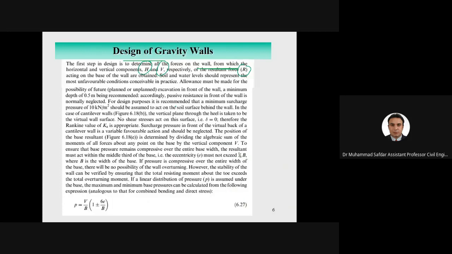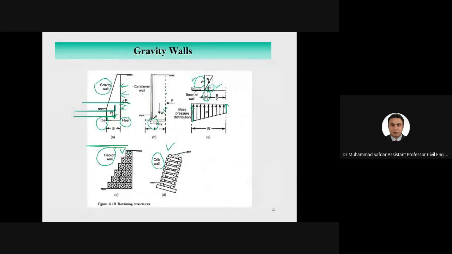Now, a minimum depth of 0.5 meter is recommended by different codes. A surcharge pressure of 10 kilopascal is also recommended behind the wall. Wall friction in the cantilever wall, the delta, is 0, because here we can clearly see that this portion will be soil.